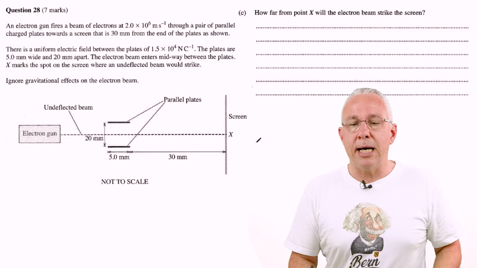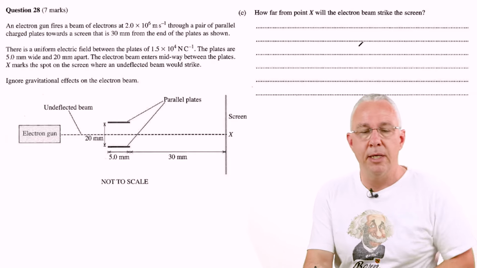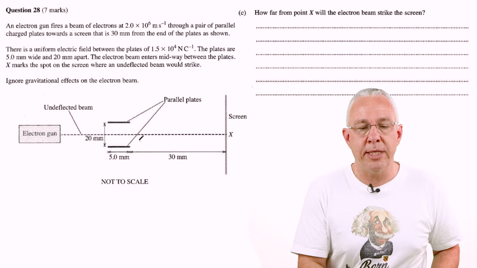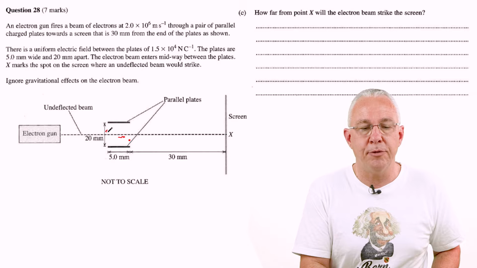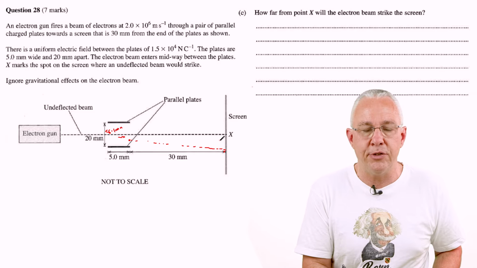Now the last part is how far from point X will the electron beam strike the screen? To help us understand this question, we need to understand the fact that this particle is now leaving here. Let's say this is here, about our 8.1 millimeters, and is now traveling in a straight line, because as soon as it's out of the field, it's going to hit the screen there, and that's the distance that we are interested in.